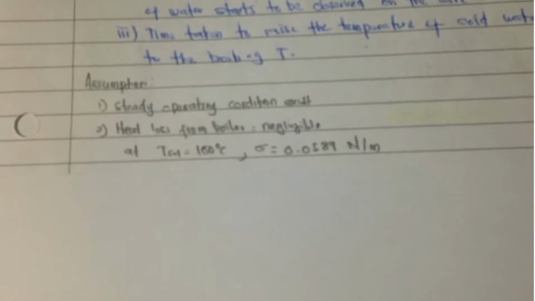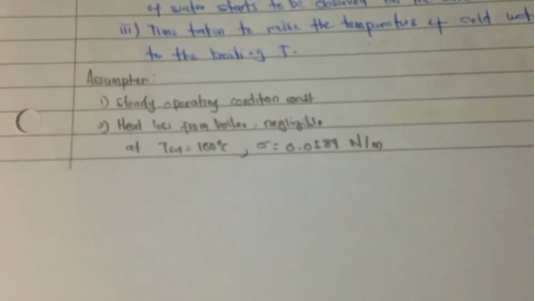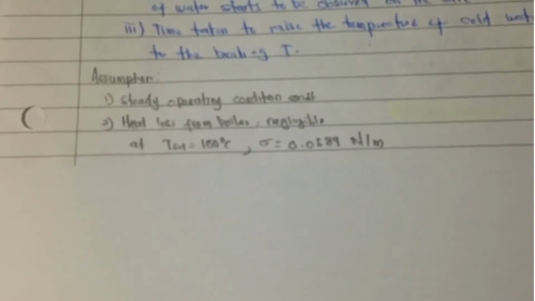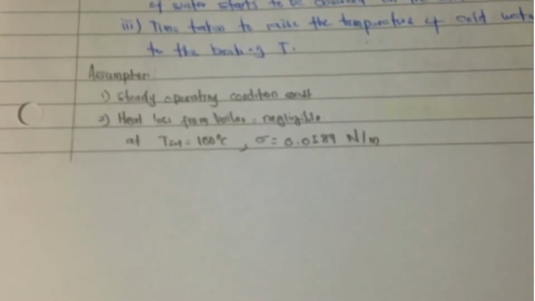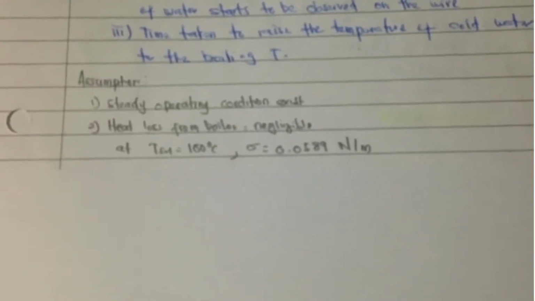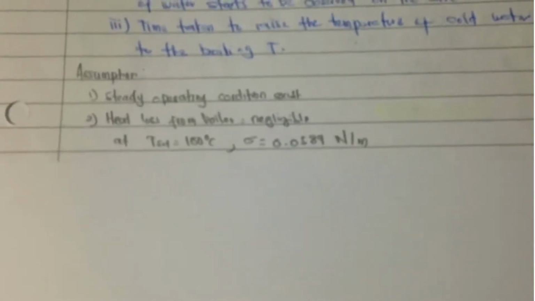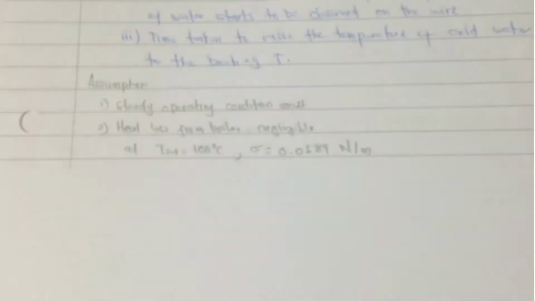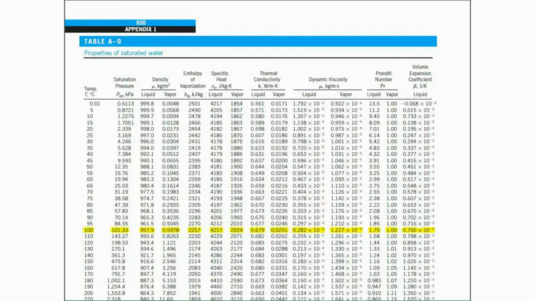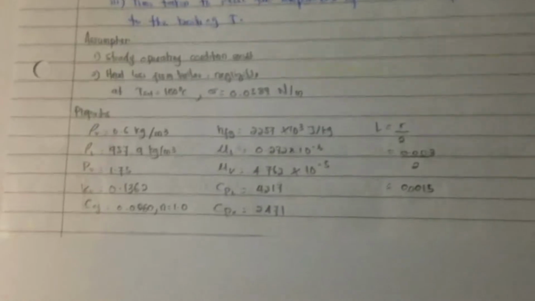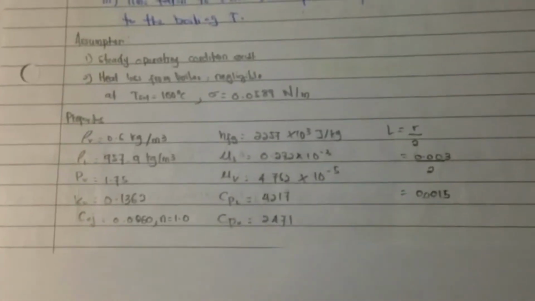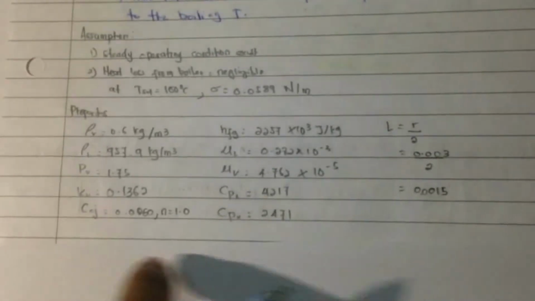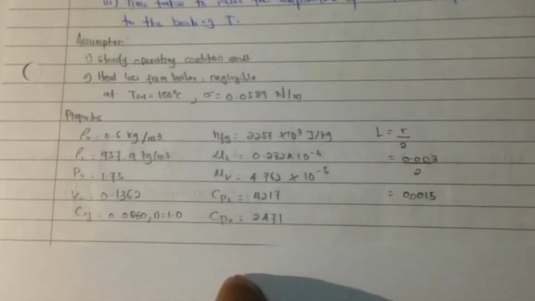And the third is we use the saturation temperature of 100 degrees Celsius to find the properties and the surface tension. At 100 degrees Celsius, we know the surface tension is 0.0589 Newton per meter. So these are the properties at T saturation 100 degrees Celsius, and this information you need to insert in equation 10.3.